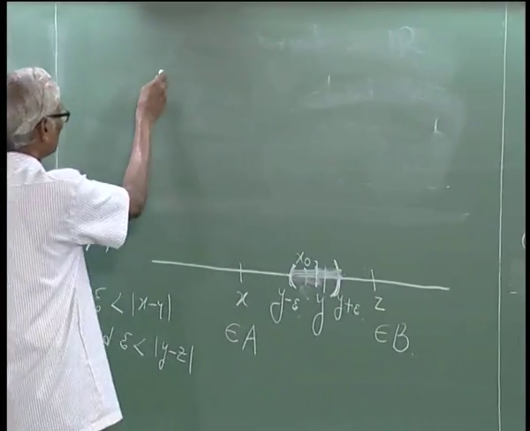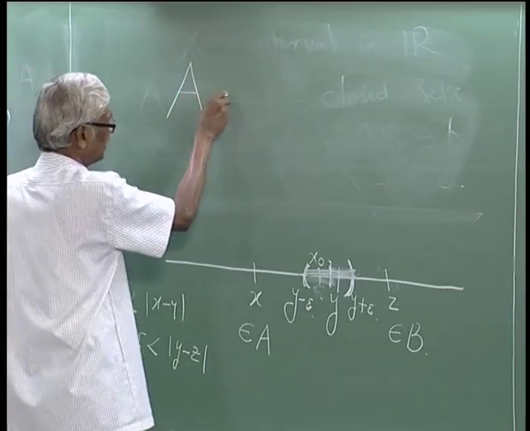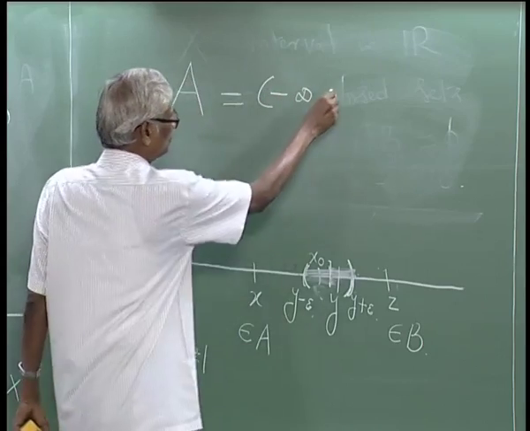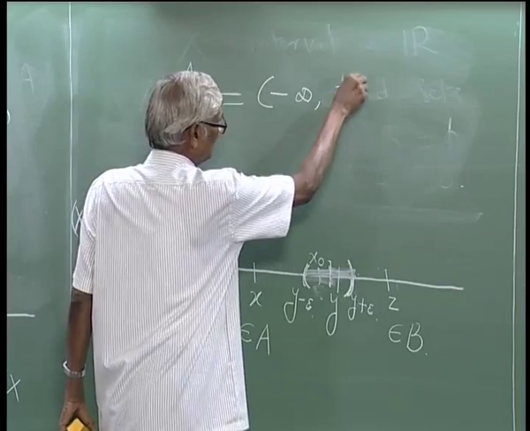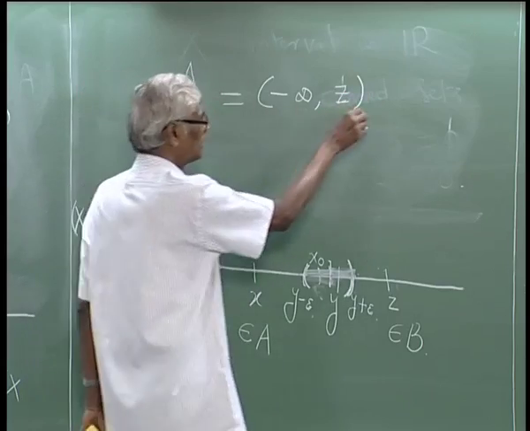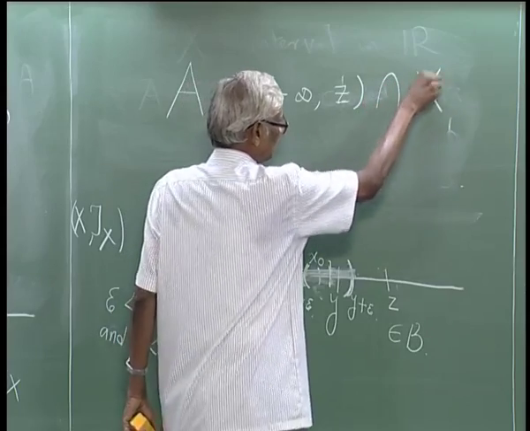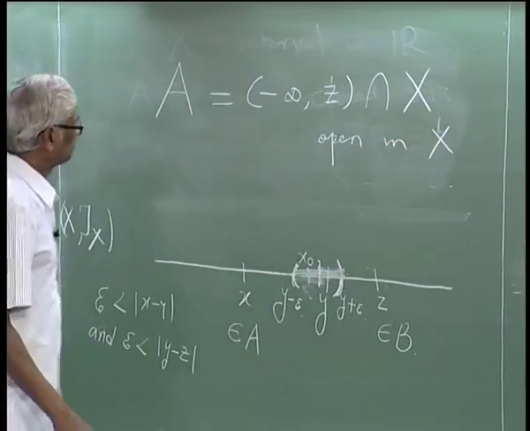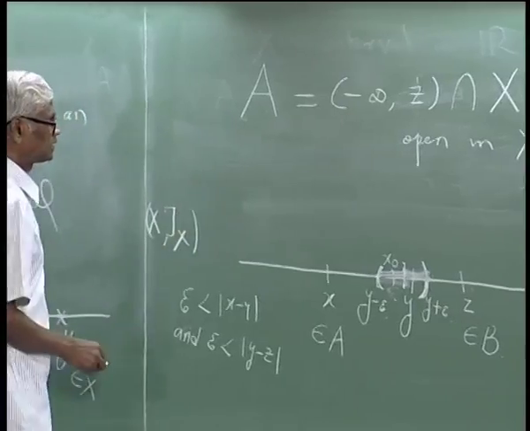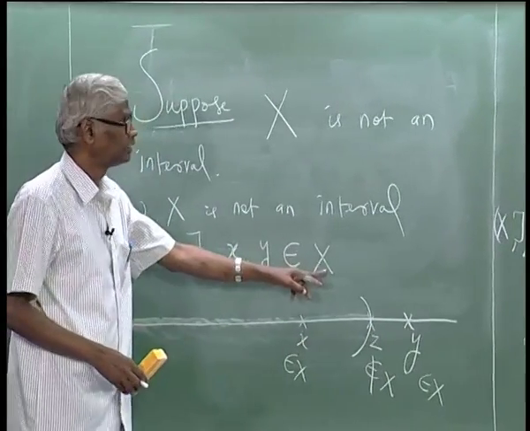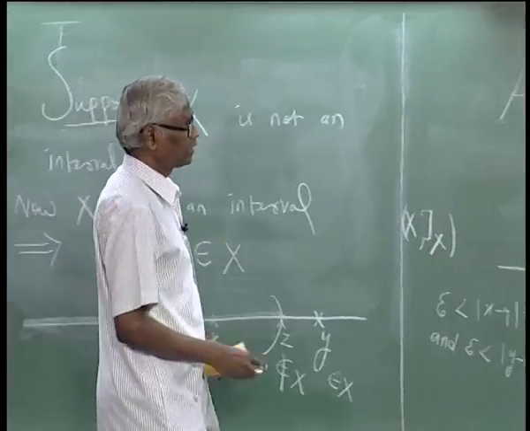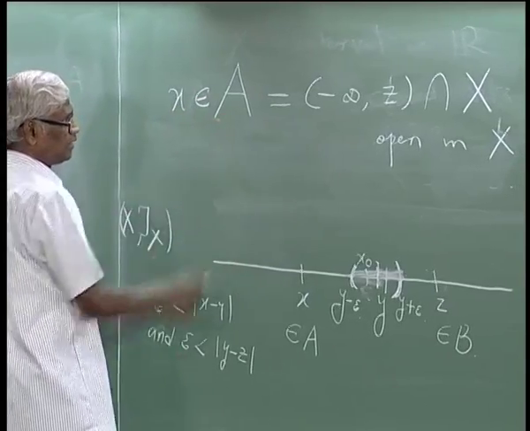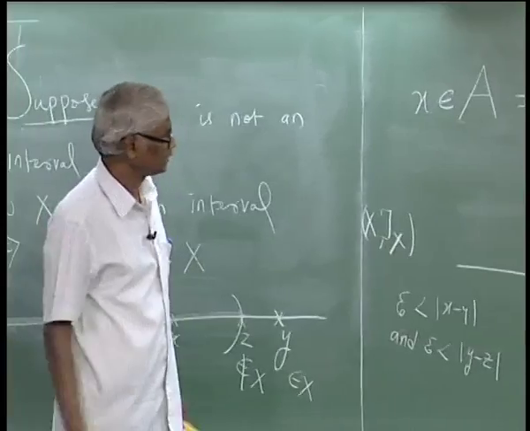So, consider the set A as the open interval minus infinity to Z. This is an open set in R. Now, intersection with X is open in X. In fact, it is a basic open set, and x is in capital X, and also x is less than z, hence x is in A.